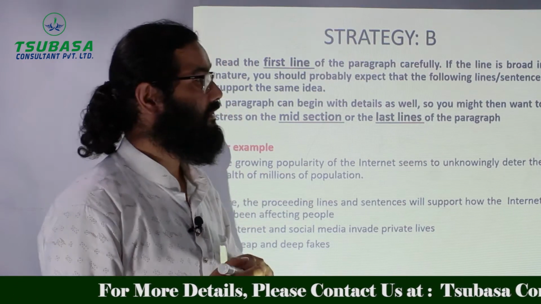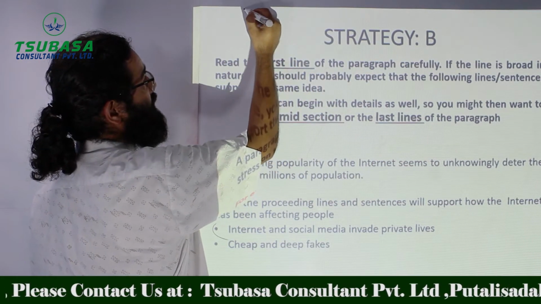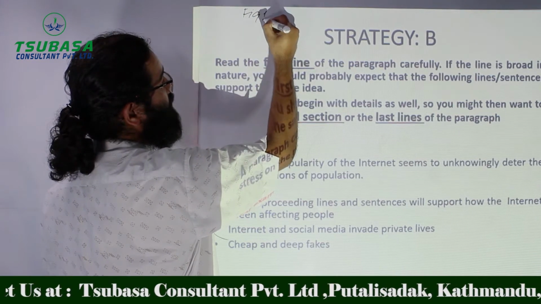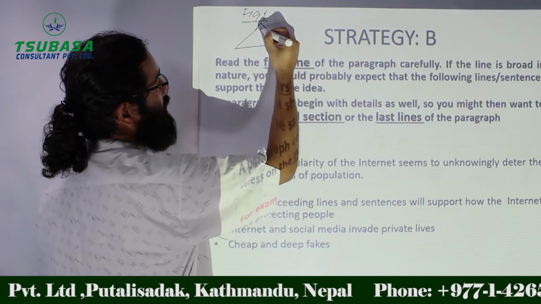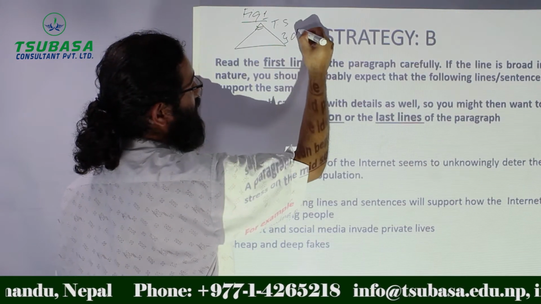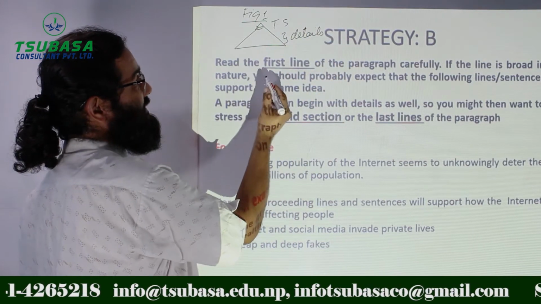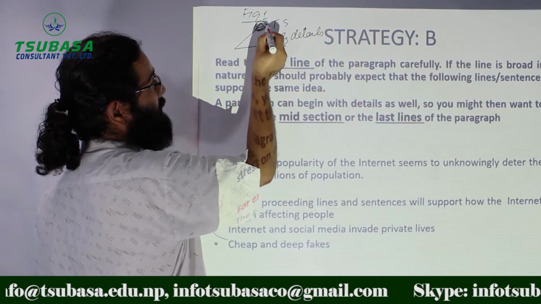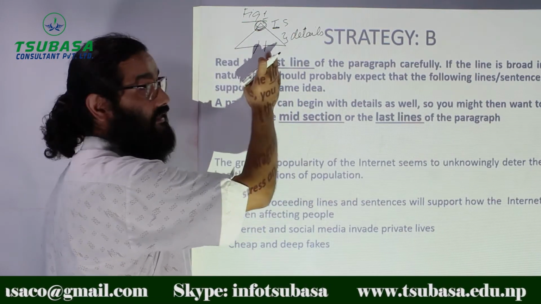Why not all the time? Because the writer may, let's say, figure 1. Now, this is the topic sentence, and these are details. So this means the writer may present his idea here, and then he might give details to support this idea. Now, this is not always the case.